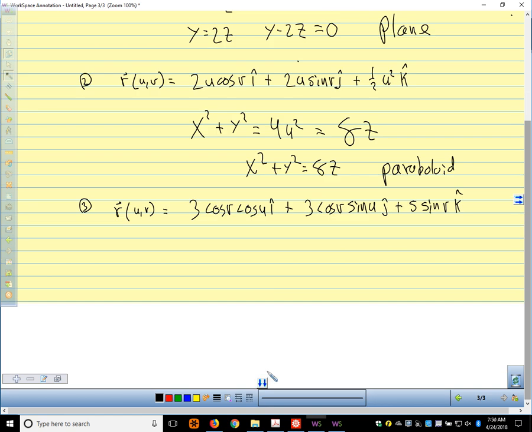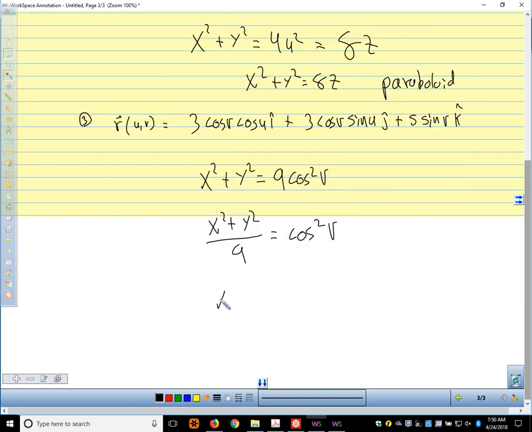So which pair of coordinates are we going to relate? X and y. X squared plus y squared. When we square that, what are we going to get? 9 cosine squared v. Now what do we do? Relate this to z. So x squared plus y squared over 9 is cosine squared v.